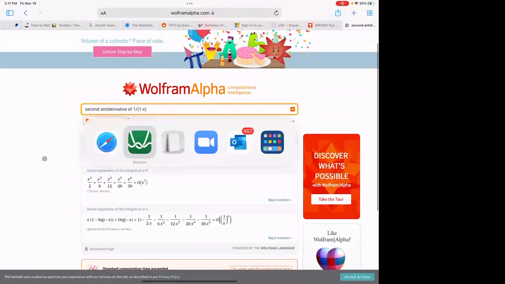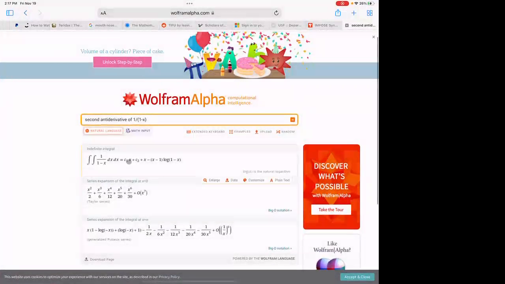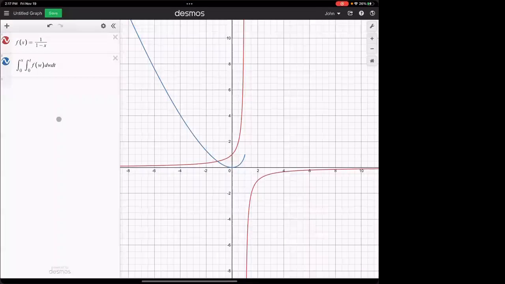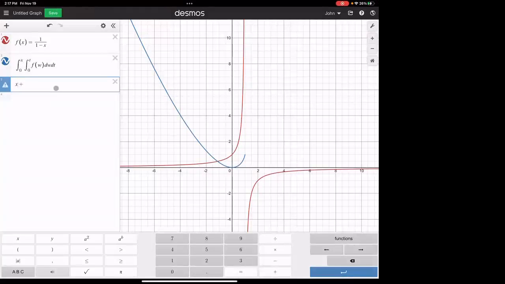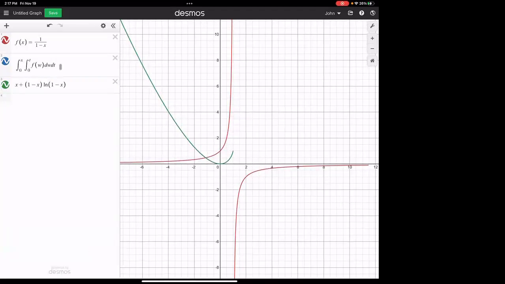There's a, let's check if this is correct. What was that? C1 plus C2, x minus 1 log 1 minus x. Okay, I'll say x plus 1 minus x, ln of 1 minus x. Oh yeah, no, there you go. That's exactly right. So this is not indescribable.